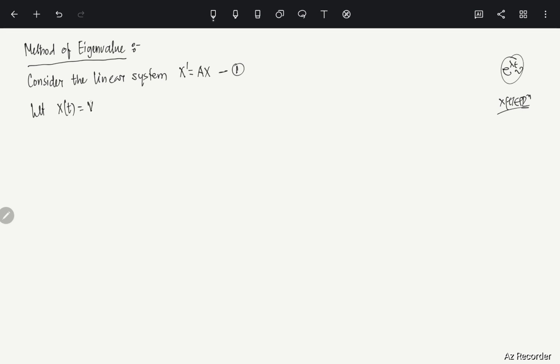Please remember v is a vector. Let me put it this way: v times e power lambda t. Please understand v is a vector in Rn, and e power lambda t is basically a scalar, where v is an arbitrary constant vector.